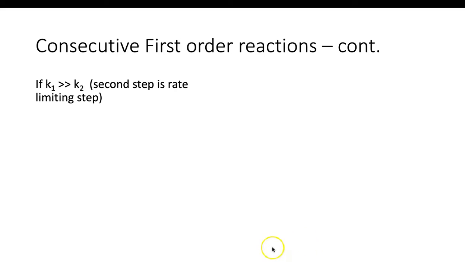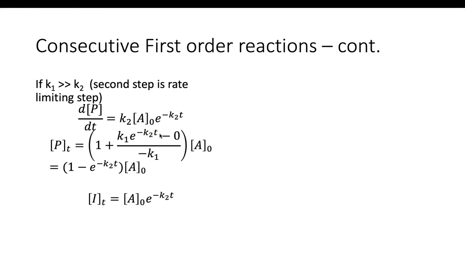So if K1 is much greater than K2, so that means that the second step in our process is the limiting step, then the rate of appearance of the product is K2 A0 e to the minus K2t. Right, so we remove any of the K1s, and then our product at any time t is equal to 1 plus this expression, which basically sums to 1 minus the exponential related to the second step.